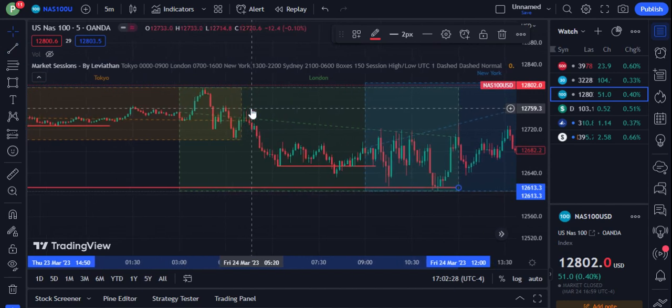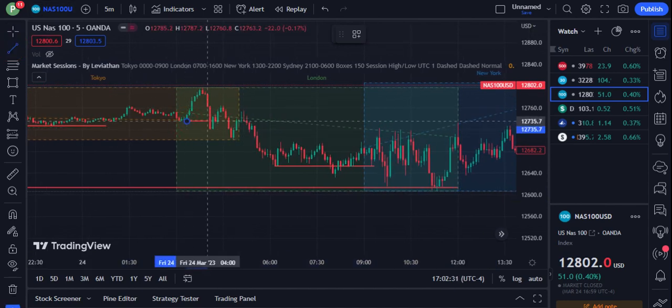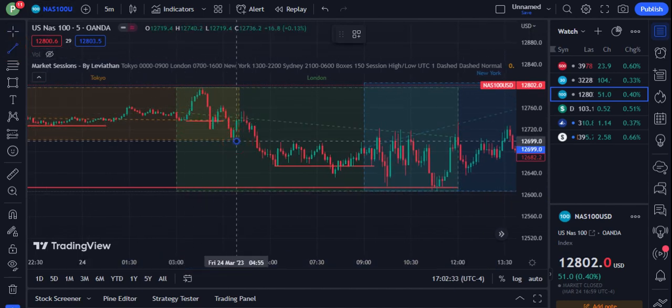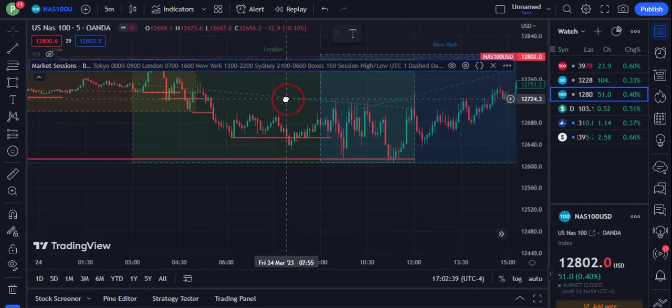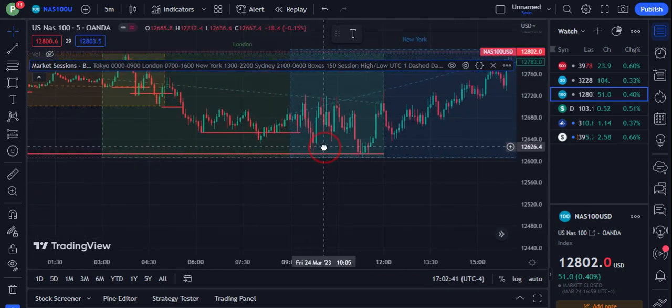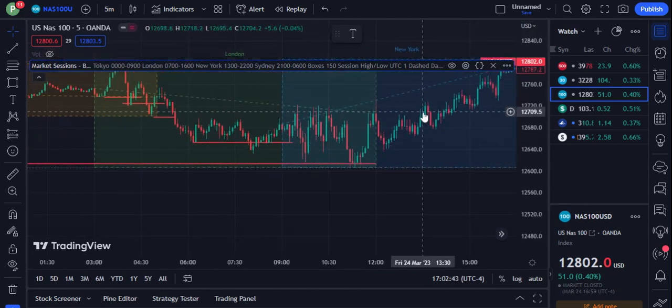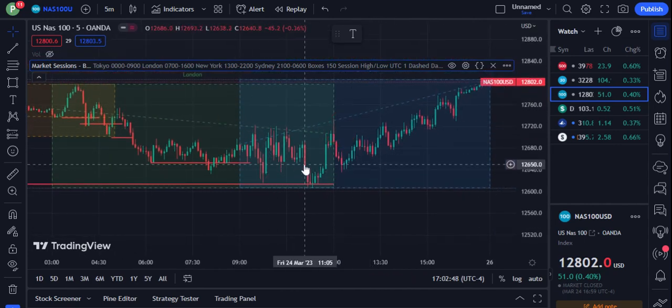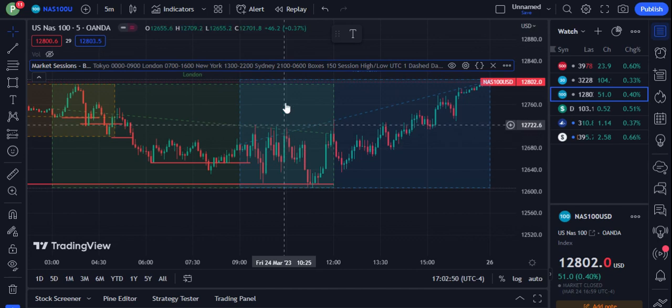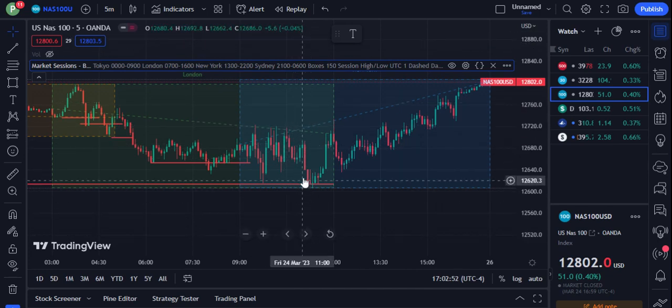So we're looking for a few things: a buildup of liquidity, all of this buildup, a continuation down, and then finally in New York, the London-New York overlap. That's the time where I want to see the liquidity grab for the reversal, somewhere in the center of this time frame.